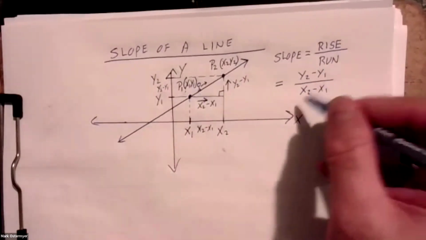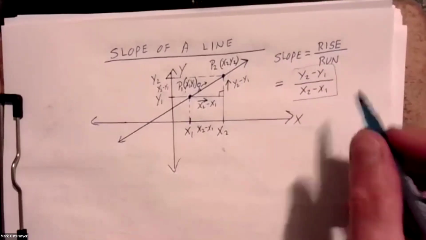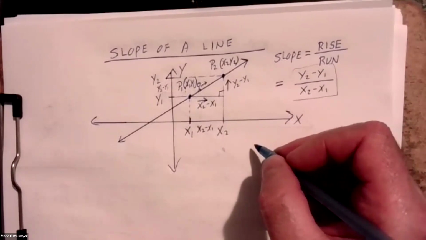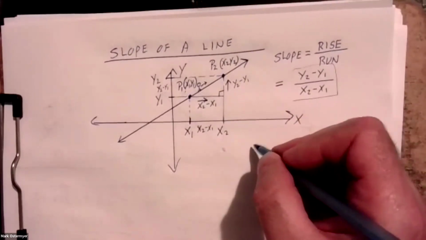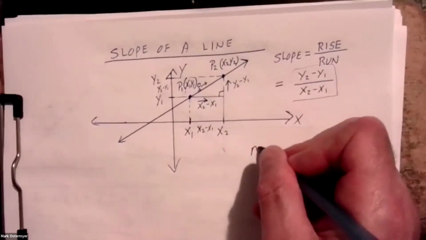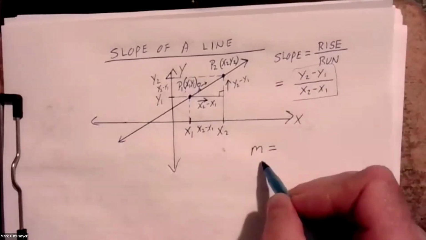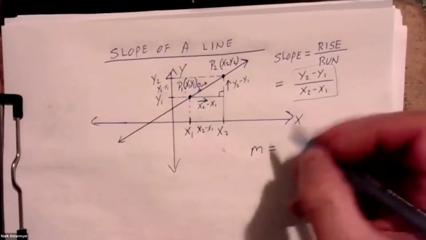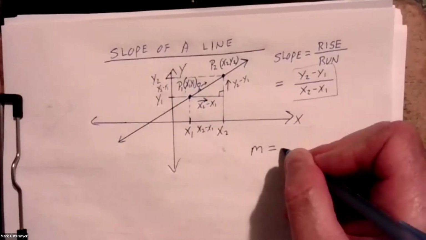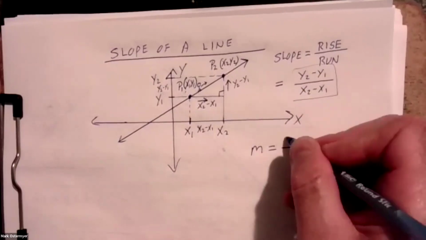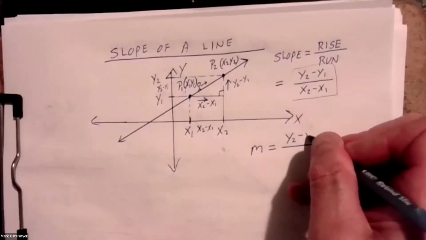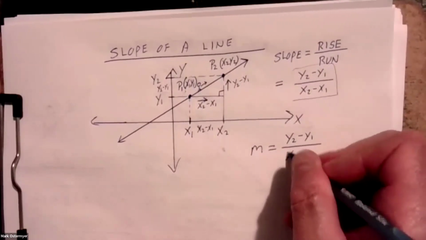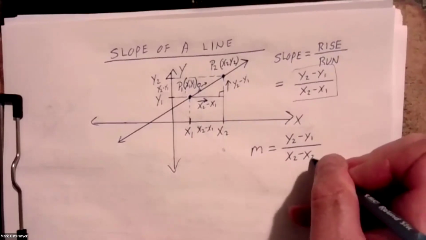Ladies and gentlemen, we have developed a very important formula here. This is called the slope formula. And in all the textbooks that I've ever seen, pre-calculus, trigonometry, calculus, differential equations, advanced calculus, doesn't matter, they always use m for the slope. Why? I have no idea, but they always use m. And m represents the slope of a line. The slope of a line can always be found by taking the difference between the y coordinates of two unique points on a line and then putting that over the difference between the x coordinates of the two unique points on the line.